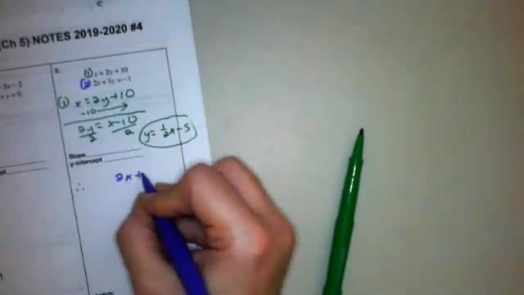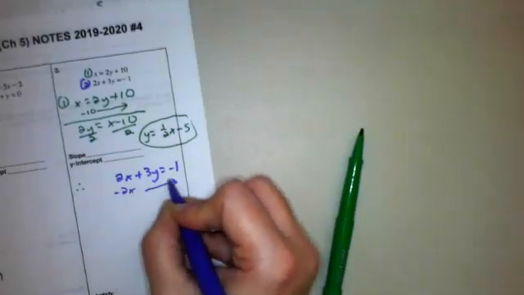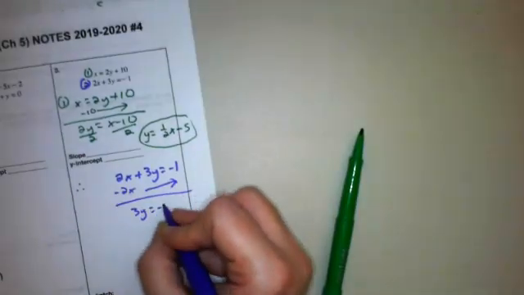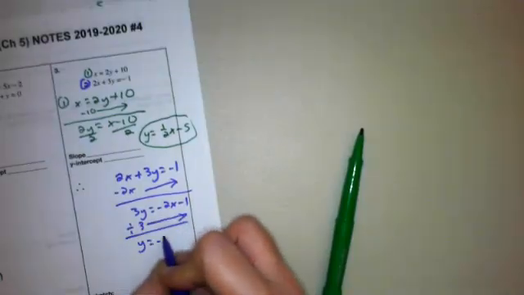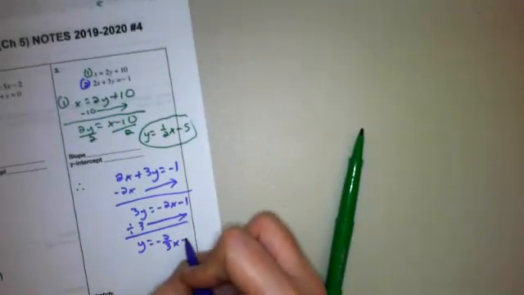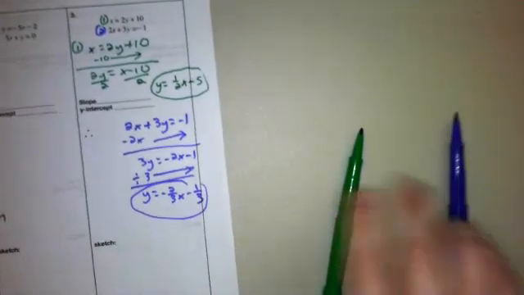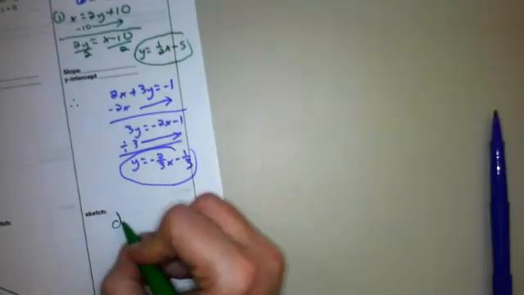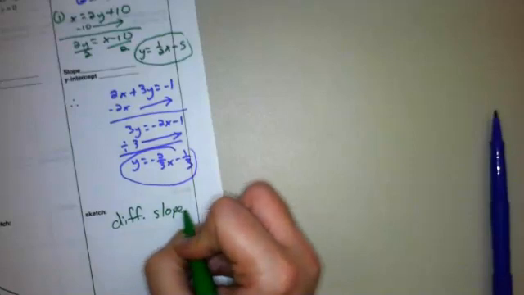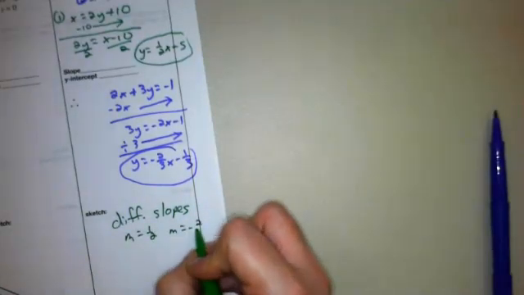If I do my second equation, I get 2x plus 3y equals negative 1. I'm going to subtract 2x from both sides. I get 3y equals negative 2x minus 1. Divide by 3. I get y equals negative 2/3 x minus 1/3. There I have different slopes: m equals 1/2 and m equals negative 2/3.